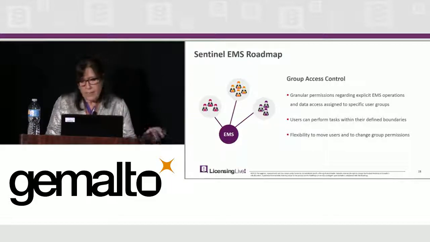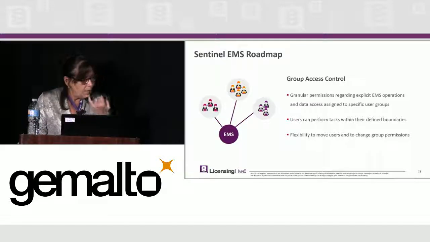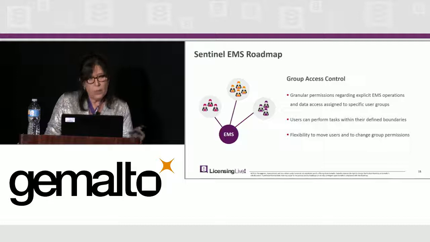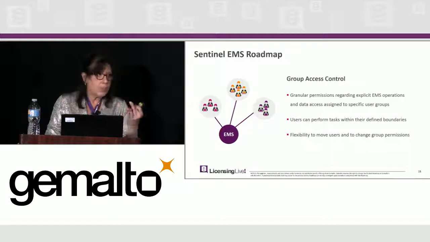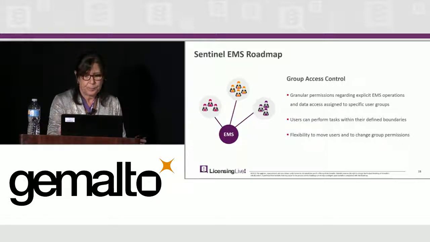What transactions, what products they're able to access, and you apply the permission on a group level rather than on an individual user level. So this makes the management of users' permissions far more straightforward, especially for large organizations that have maybe hundreds of users that are using EMS.